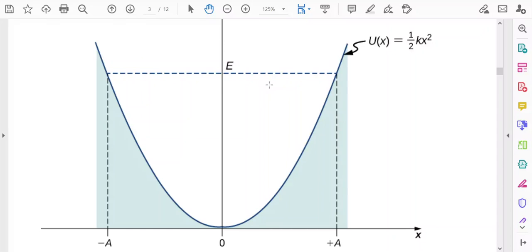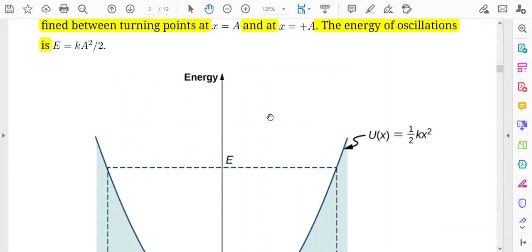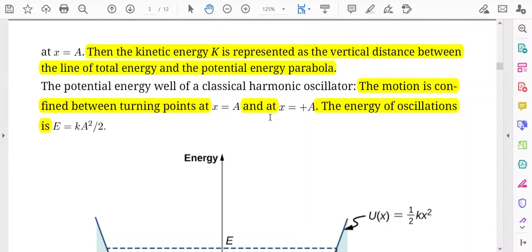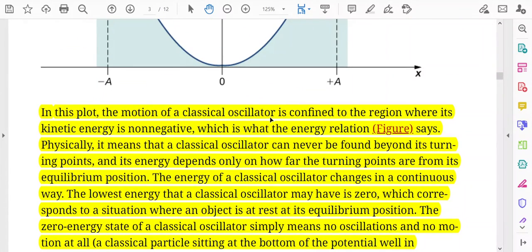You can also find the kinetic energy by the vertical distance between the parabola and the total energy line. Suppose you have plotted a total energy line here and another total energy line is here, so the vertical distance between the total energy line and the parabola will represent the value of the kinetic energy.